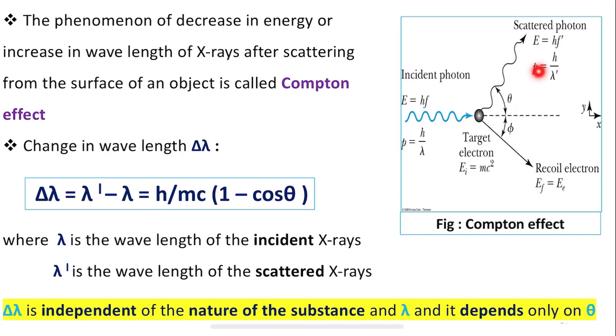Here one is the scattered photon, which will have energy E equals h f dash, or h nu dash. Another is the target electron, and the recoiled electron. As I said, the photon transfers a portion of its energy to the recoiling electron. In this way we can represent the Compton effect.